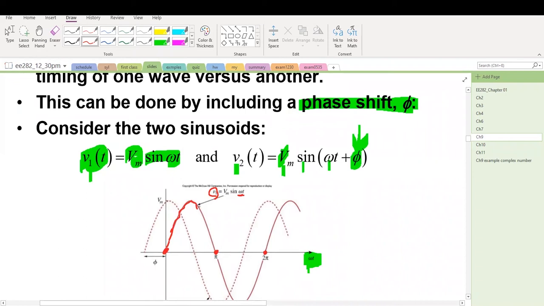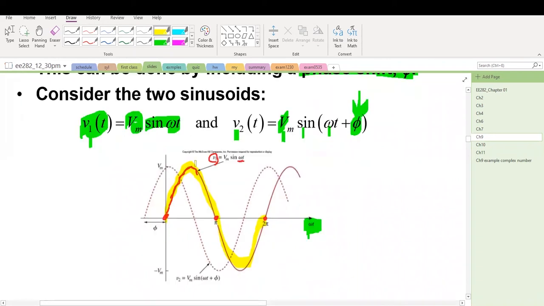So that's a sinusoidal wave, and this is one cycle. At π/2, sin(π/2) equals 1, so the value of v1 equals Vm. And just go on because it's periodic; you just go to the next cycle. That's v1.